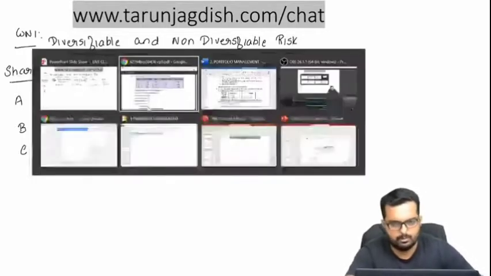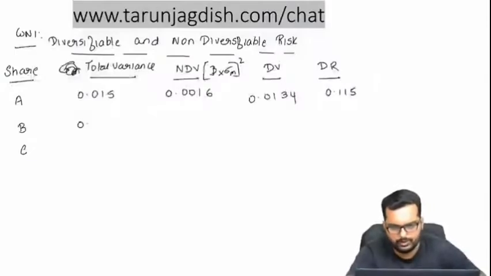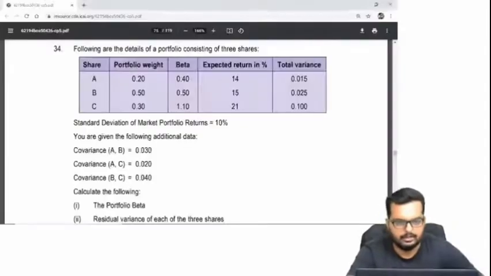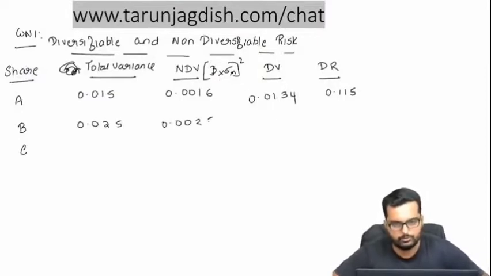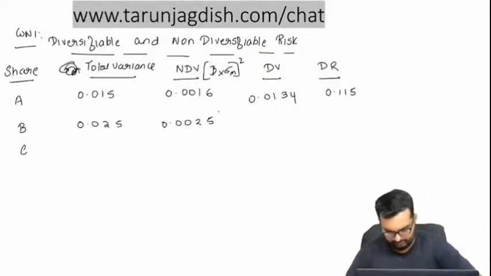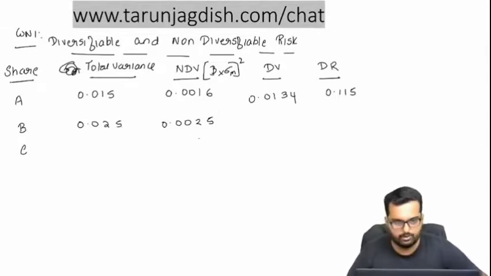I'll show you one more. 0.025, and here the formula would be 0.5 into 0.1, that will give you 0.0025. 0.025 minus 0.0025 would give you 0.0225, and the square root of that will turn out to be 0.15.